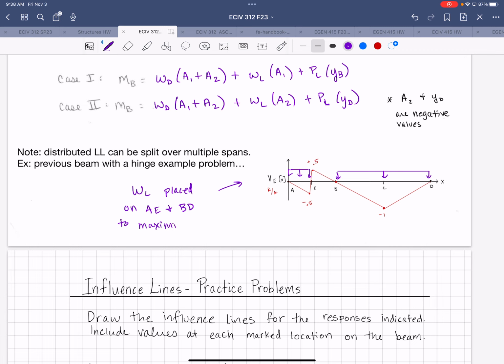In this case, not only would that be the correct placement to maximize the negative shear, right? And I say negative because that's where the influence line is negative. But it would also be the placement that you would want to consider for maximizing the shear at E in general, because the net area that's negative under this influence line is greater than the net positive area.